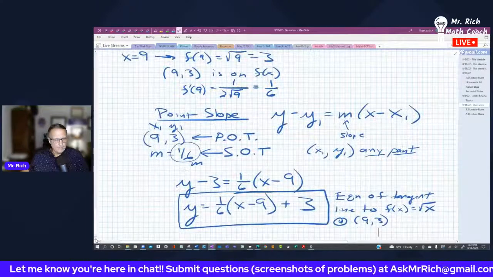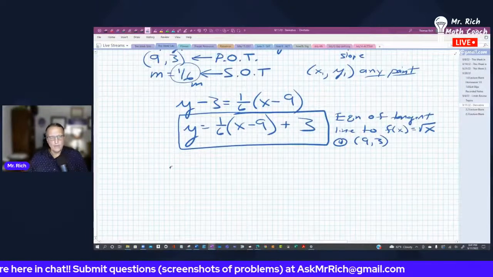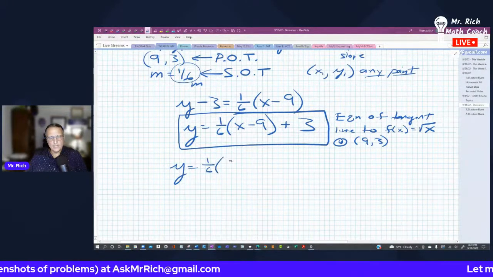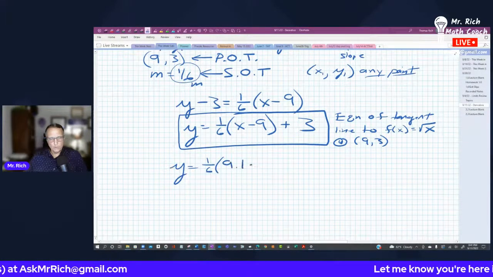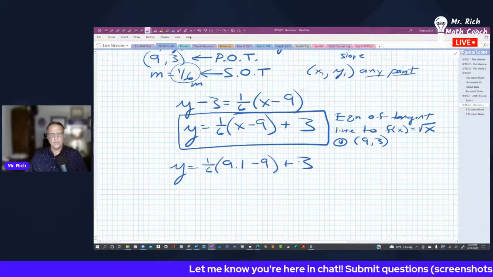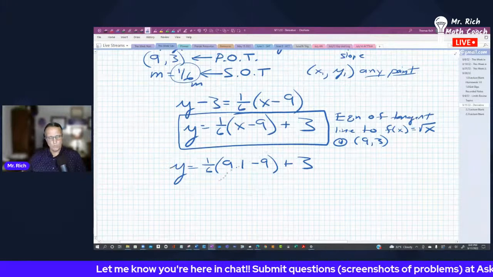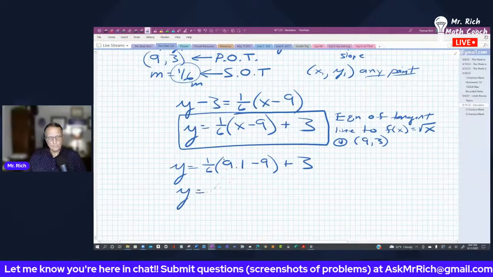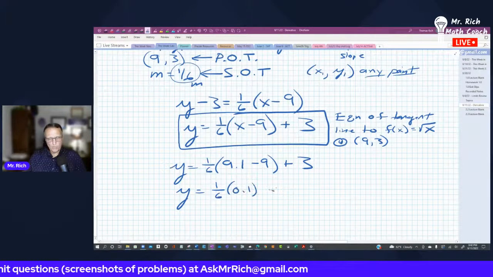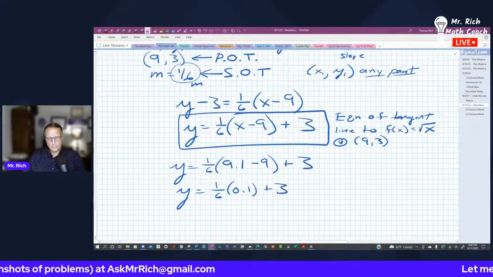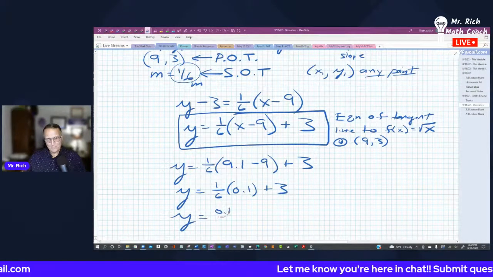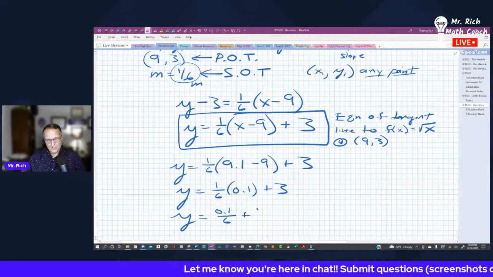I'm going to do that by plugging in x equals 9.1 into this function. 1/6 times 9.1 minus 9 plus 3. Okay, that's 0.1. So this is 1/6 times 0.1 plus 3. Let's call this 0.1 over 6 plus 3.